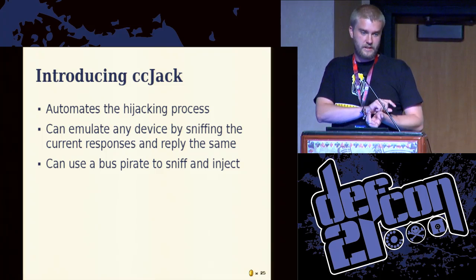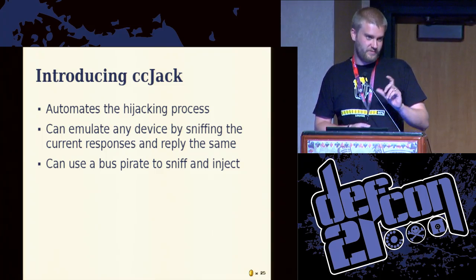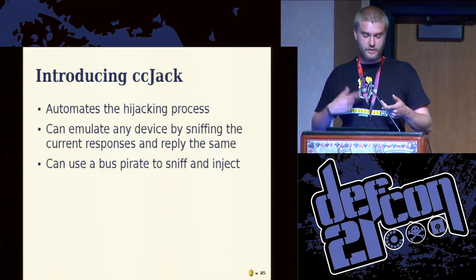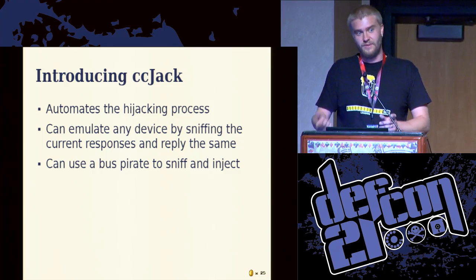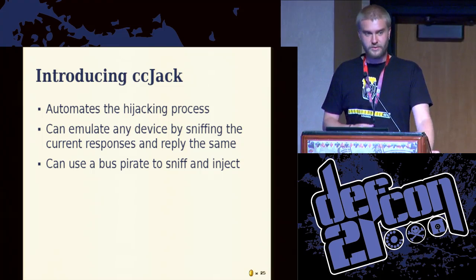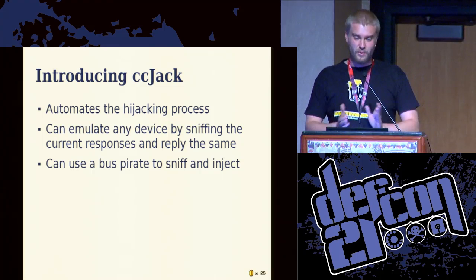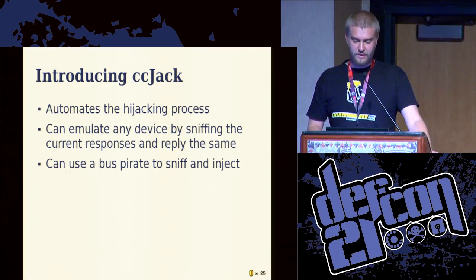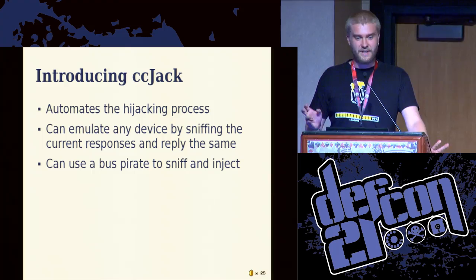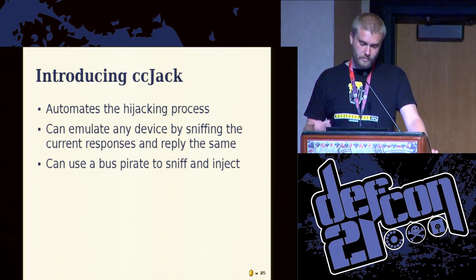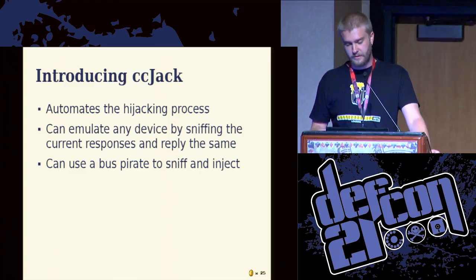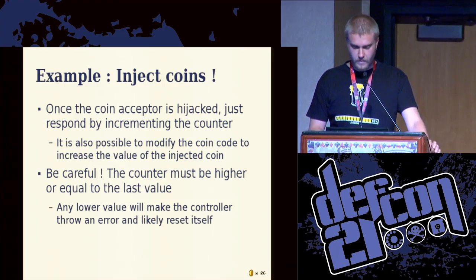So as soon as it takes over the device, it will start responding with the last response the actual real device used to send. Normally it will be pretty much transparent, so the main board won't fire an alarm or something like this. It also uses a bus pirate to sniff and inject.